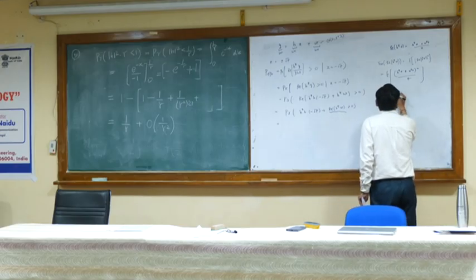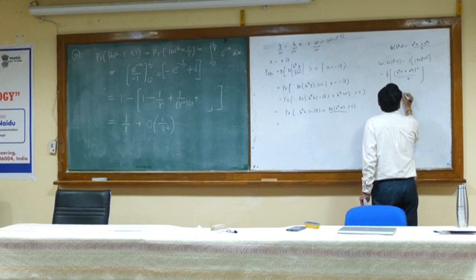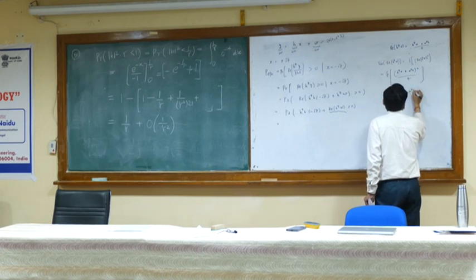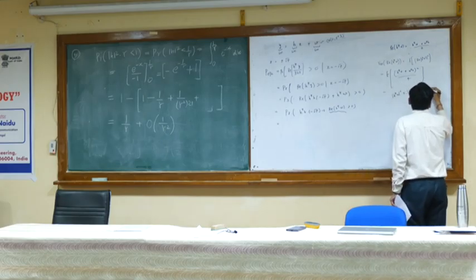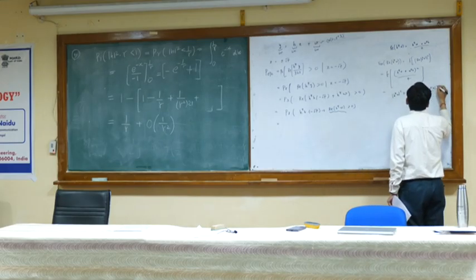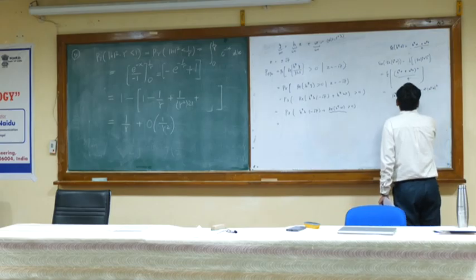So h Hermitian w square plus w Hermitian h square plus 2 w Hermitian h square, divided by 4.